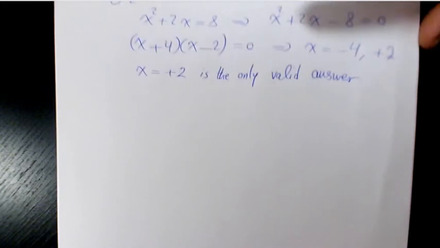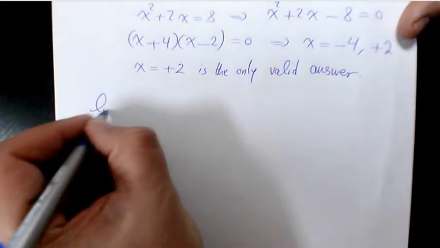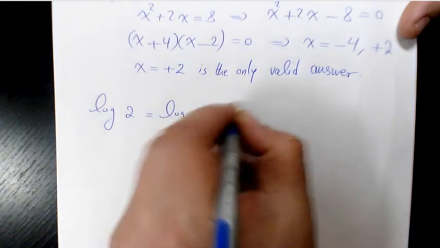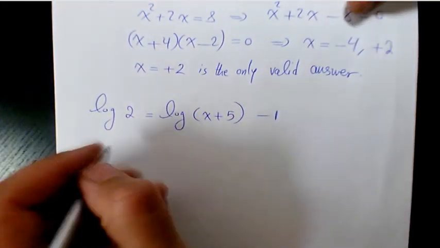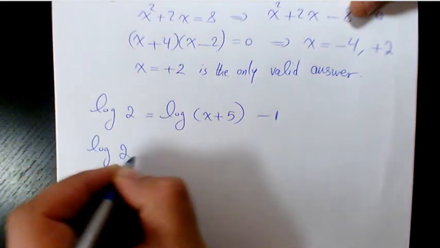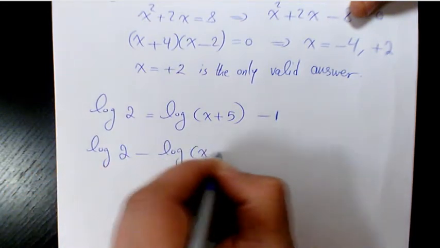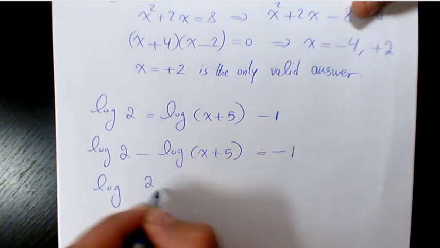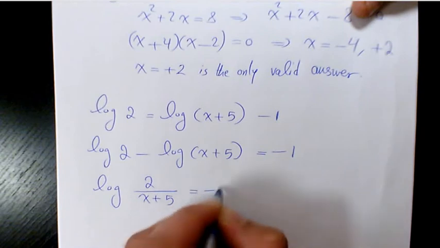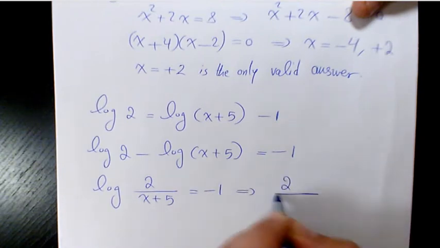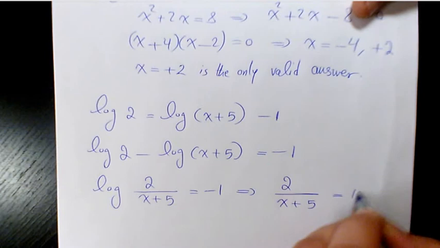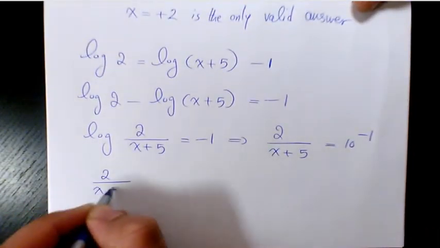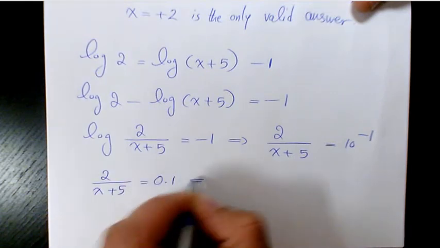Next example. Log 2 equals log of (x plus 5) minus 1. So I can say log 2 minus log of (x plus 5) equals negative 1, which means that log of 2 over (x plus 5) equals negative 1, which is 2 over (x plus 5) equals 10 to the power of negative 1, and that's going to be 2 over (x plus 5) equals 0.1.